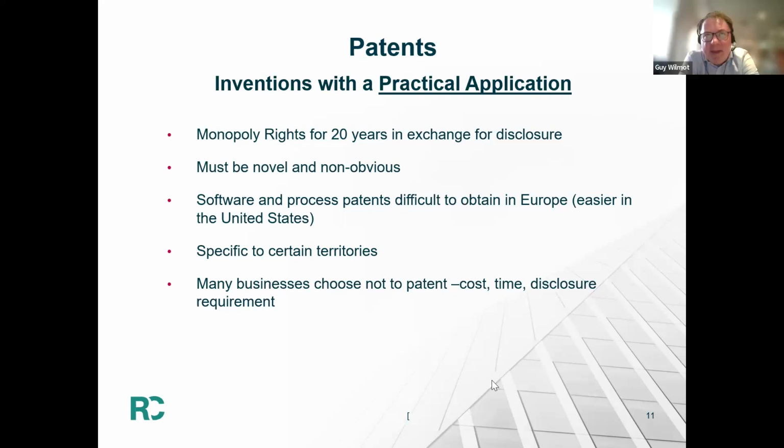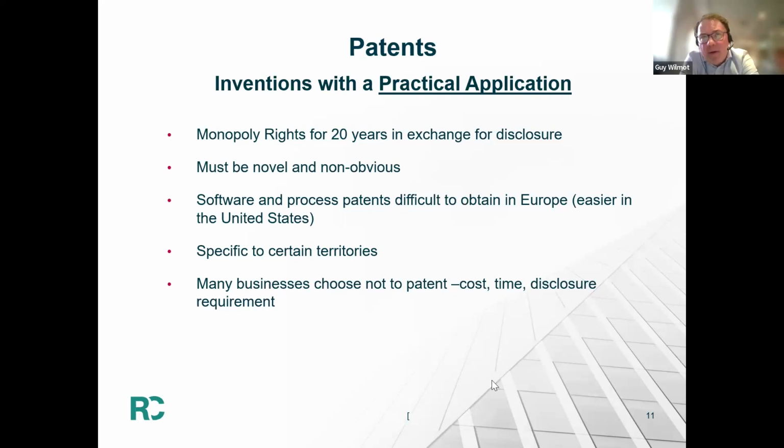And the key thing to understand about a patent is it protects how something is done, not what is being done. So it's there to protect the underlying technology. And a patent, if granted, for instance in the UK, would provide a monopoly right for 20 years. You have the exclusive right to use that invention.